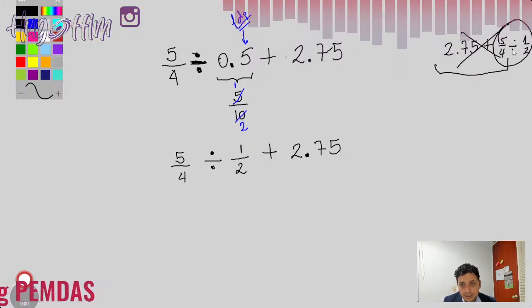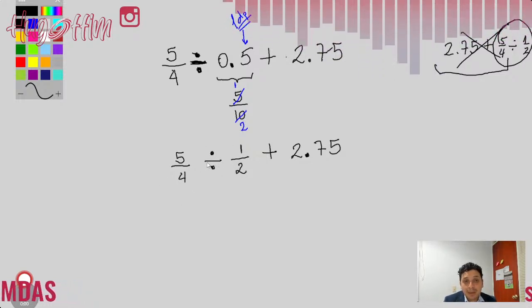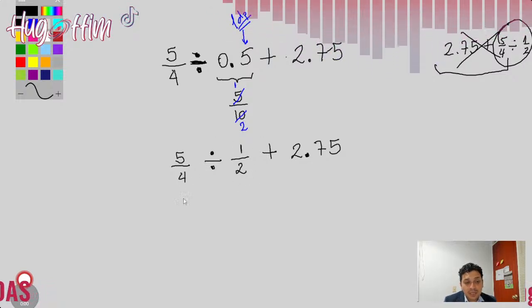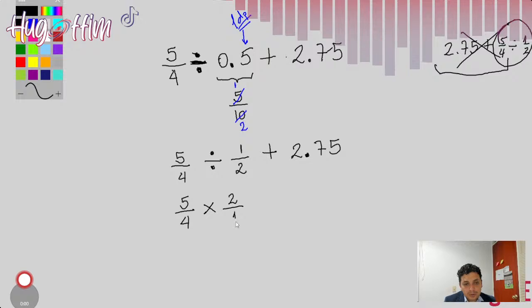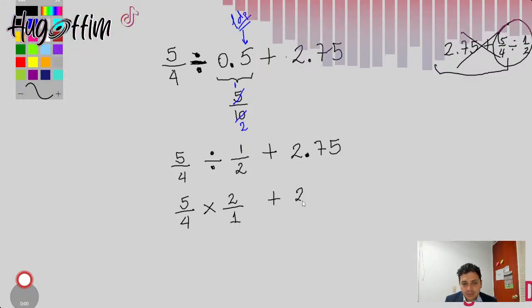You first divide. So if you apply PEMDAS, first the division. But dividing a fraction is multiplying by the reciprocal. So I'm going to interchange numerator and denominator to convert it to a multiplication. 5 quarters times 2 over 1. If you want, put here plus 2.75.